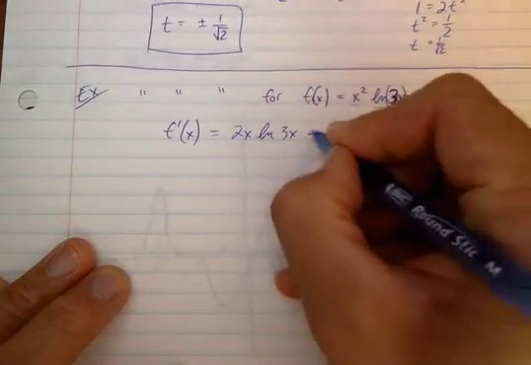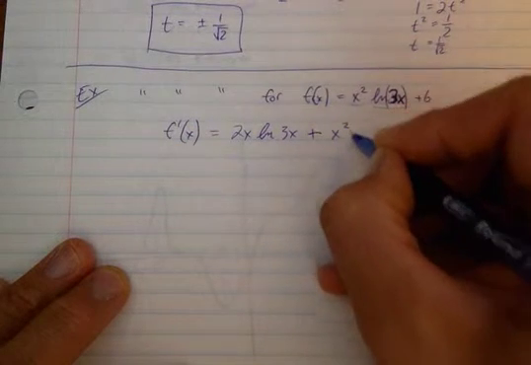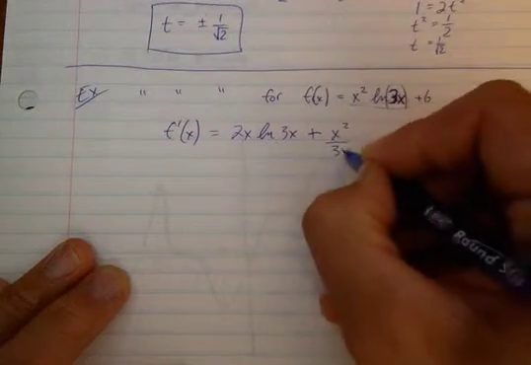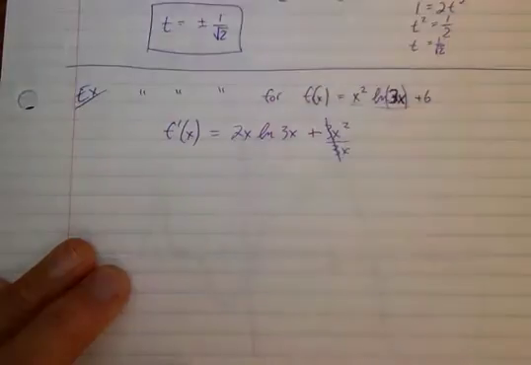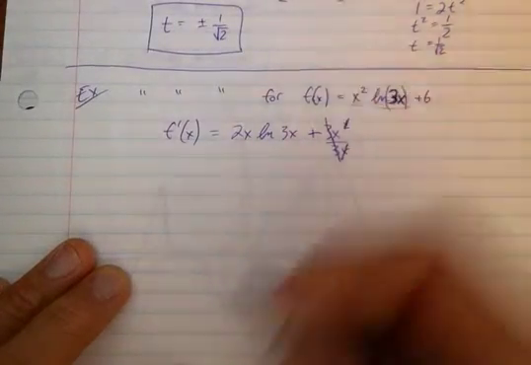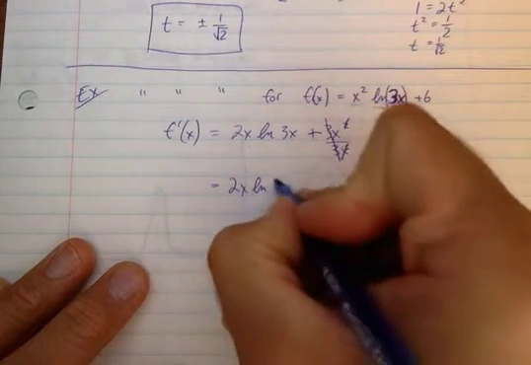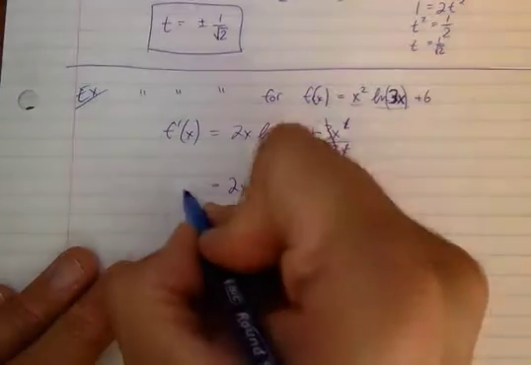But this is our second part of our product rule, is x squared over 3x times 3. So those go away. And in fact, so does the x, and it's just x. Let's tidy that up. 2x ln 3x plus x.